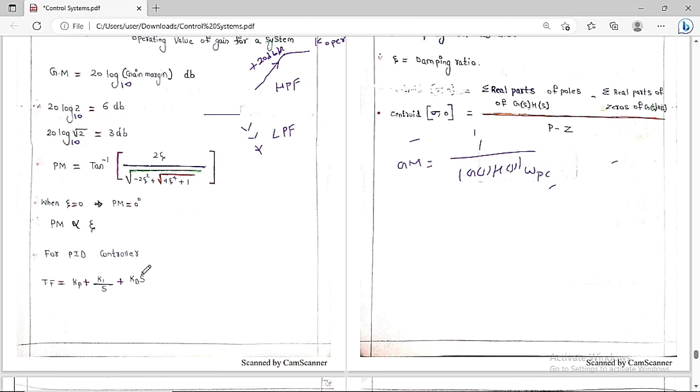As a transfer function, we can say Kp plus Ki by S plus Kd S. After the Laplace transform, we get the transfer function Kp plus Ki by S plus Kd into S. This is the overall transfer function for the PID controller.